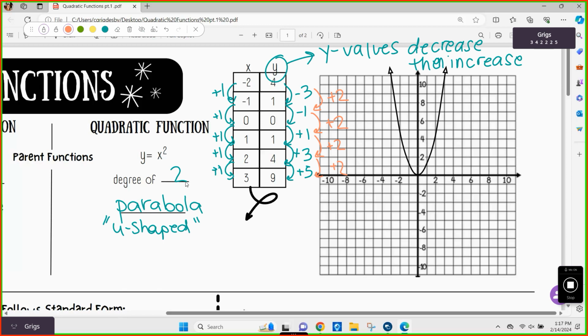Now you can write that down, and we're gonna say rate of change. Rate of change happens in the second layer.